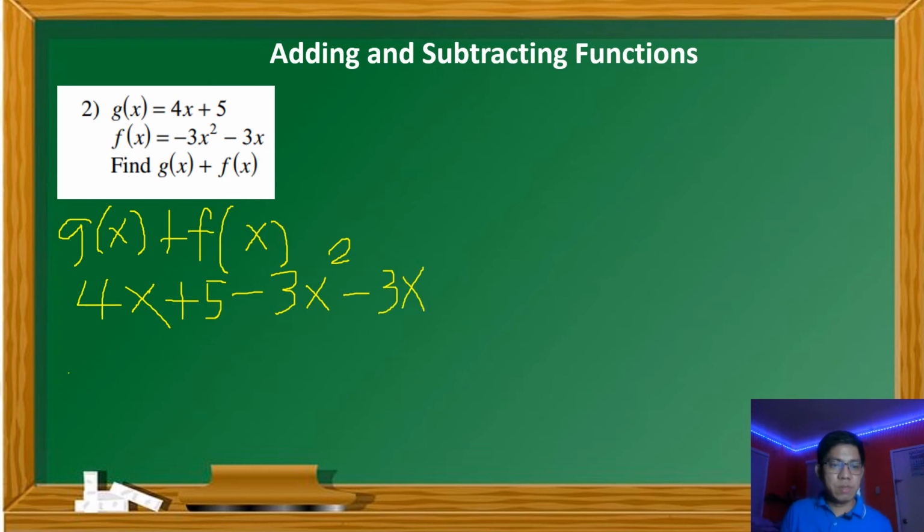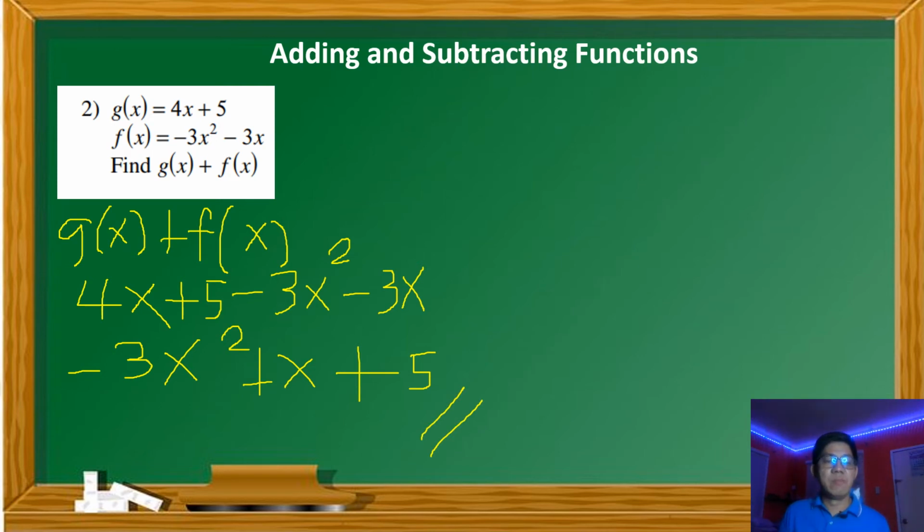So, this one is negative 3x squared, plus x, combine like terms. 4x minus 3x, then plus 5. So, therefore, the answer is negative 3x squared plus x plus 5.